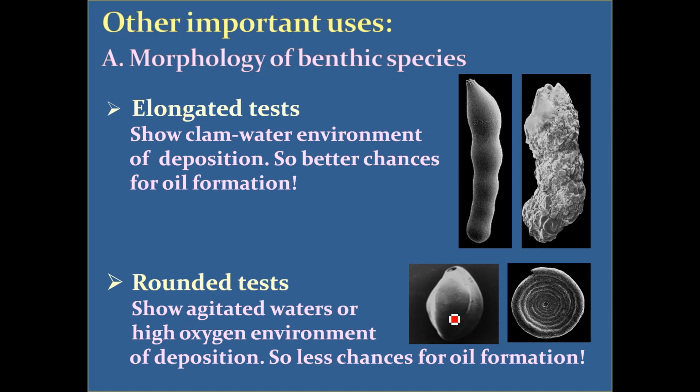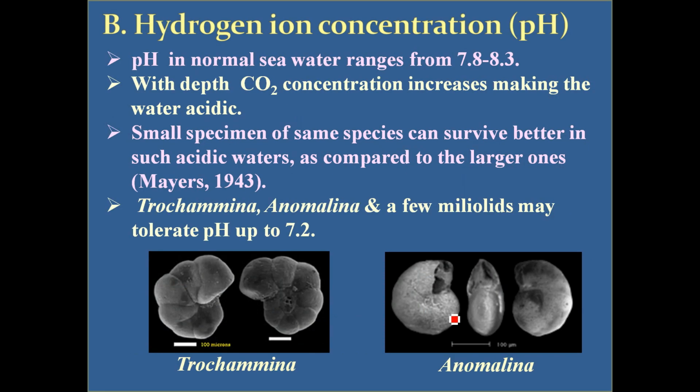Elongated tests belong to calm water condition, and if they are in good number in the source sediment, the chances of conversion to oil are better. But if the majority belongs to robust and rounded type of form, it shows an environment of aeration or high oxygen, and therefore the chances of oil formation are meager.